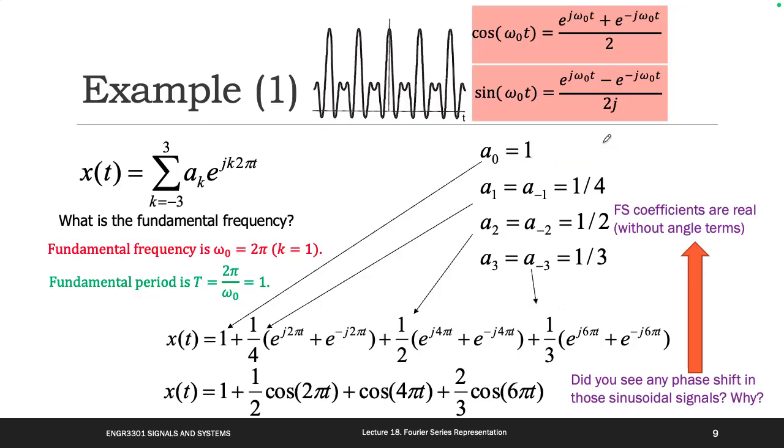Do you remember? I gave you some FS coefficients and you used the synthesis equation to get the signal. Do I need to talk about the details? I think you already know that one. You can see this is just like case one, am I right?